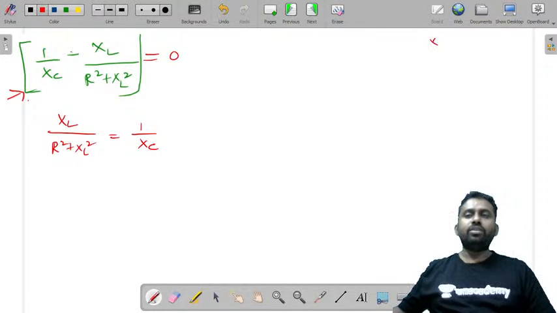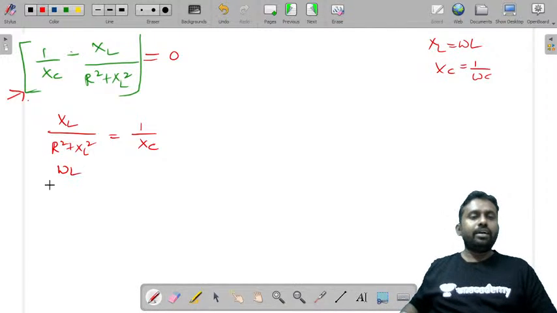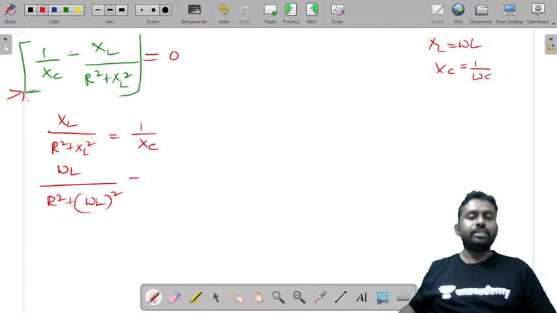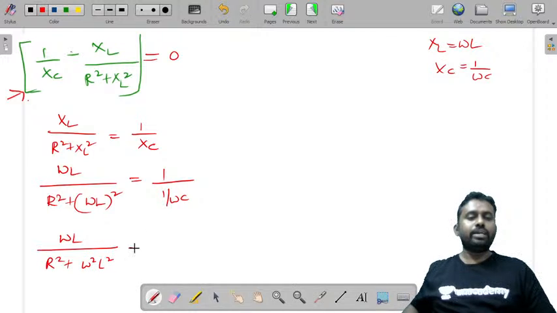We know XL is equal to omega L and XC is equal to 1 by omega C. So omega L by (R square plus omega square L square) is equal to omega C.